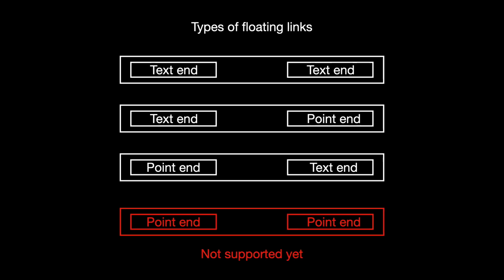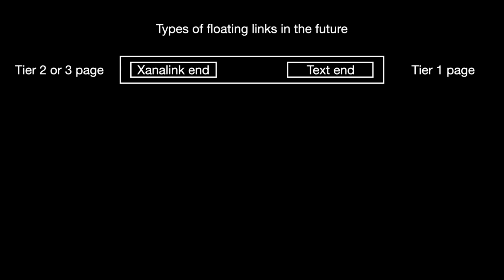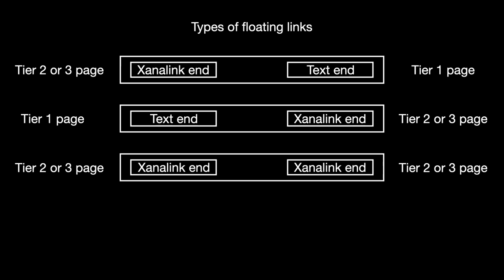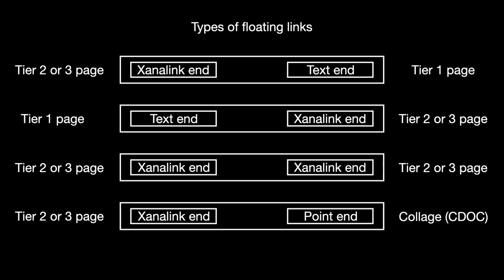Point-to-point connections between two collages are not currently supported. In the future, we could simply introduce a new type of link end for pages with stabilized content addresses. This would allow us to connect advanced pages to simple pages, and vice versa. And, of course, it would also be possible to connect an advanced page to a collage.